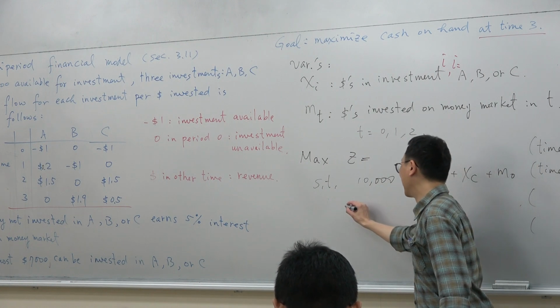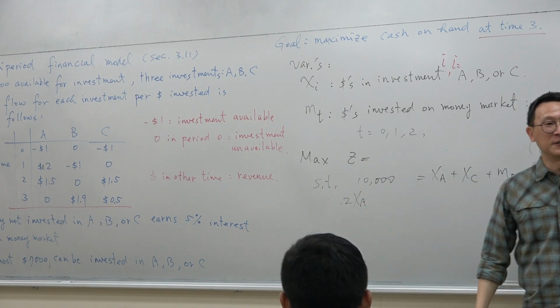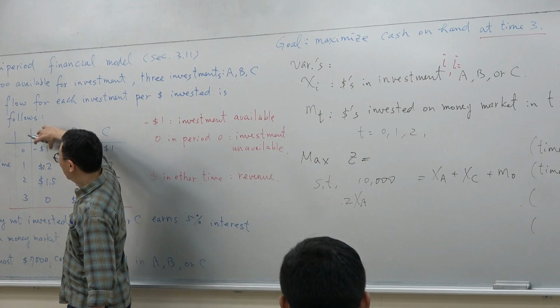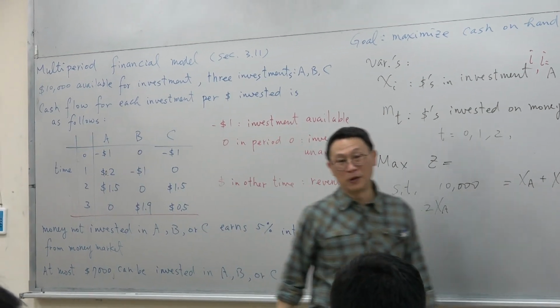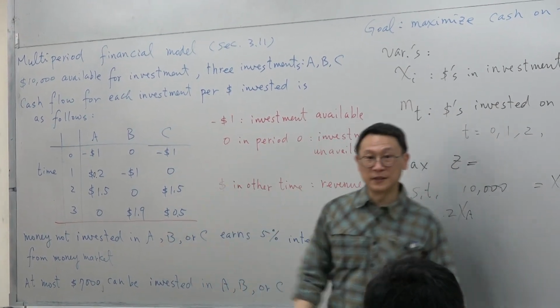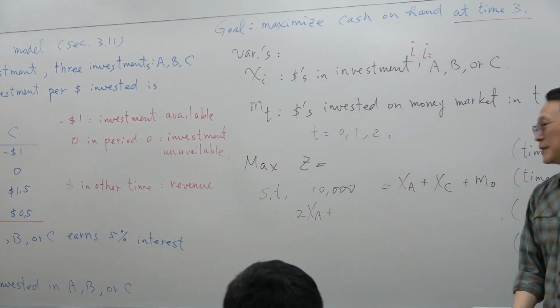Let's talk about it first. You say 0.2 XA. That's because if I put $1 at time 0, I will get $0.2 back at time 1. But we don't have that for C. So what else?